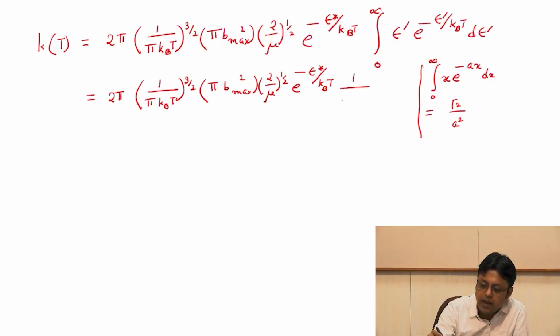So the a was 1 by kBT, that squared. So it is nothing but kBT squared.